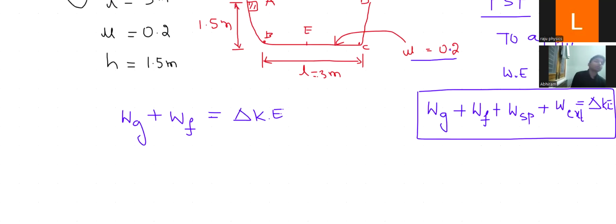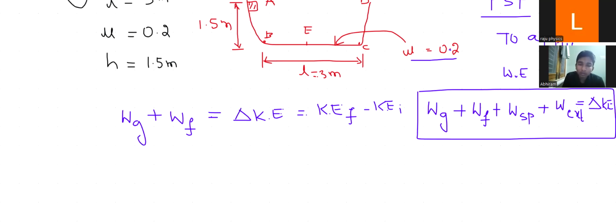Change in kinetic energy means kinetic energy final minus kinetic energy initial. Now, what is the gravitational force?